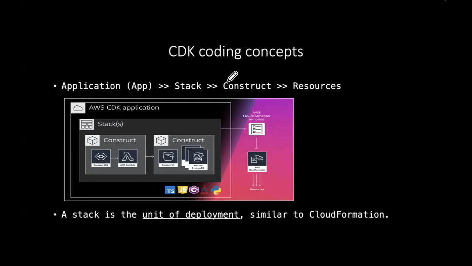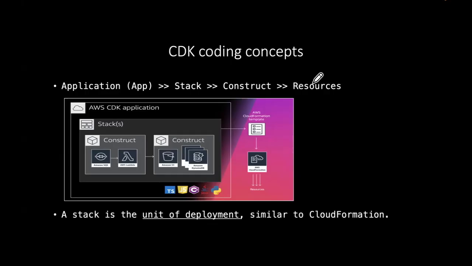A stack is made up of constructs. Pity they didn't come up with a better name, but a construct, as we'll see, and there are many constructs that come with the CDK framework, typically creates, when it's executed, a number of pieces of infrastructure. A construct is made up of resources, and resources is also a term that we use when we talk about the CloudFormation service.